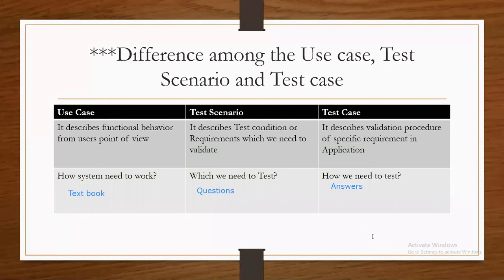Use case is like a textbook, content you are going to understand. Test scenarios are nothing but questions, whereas test cases are nothing but answers. What type of questions can we ask from this chapter? If you know the content, you can understand what type of questions we can raise. So for these questions, the answers are the test cases here. That is the relation. Okay.